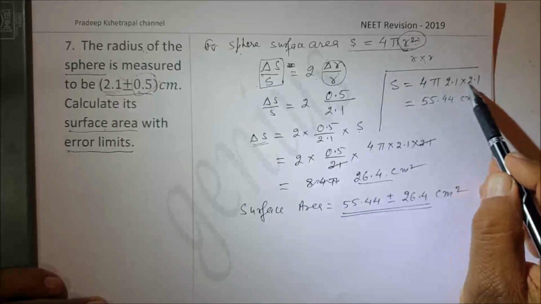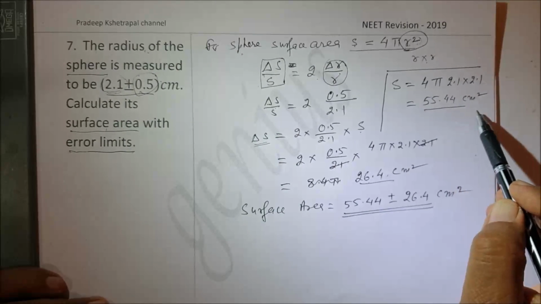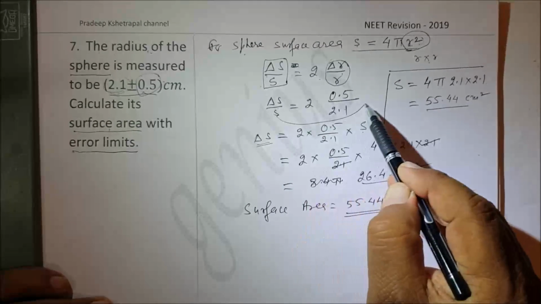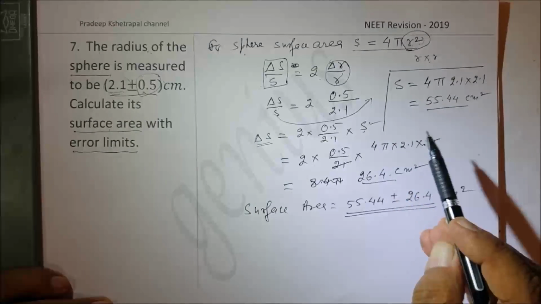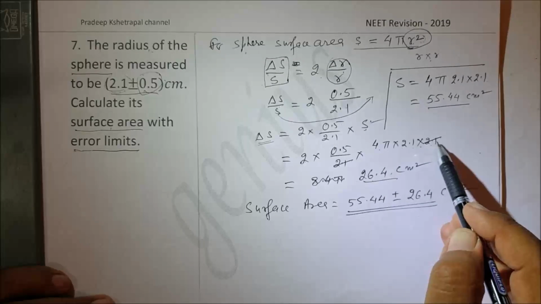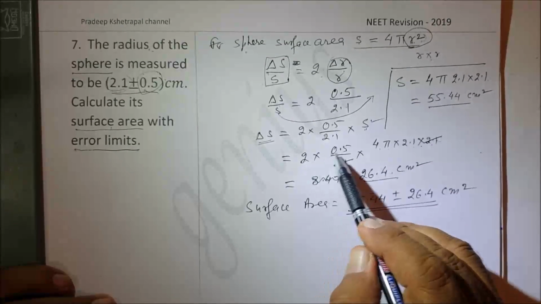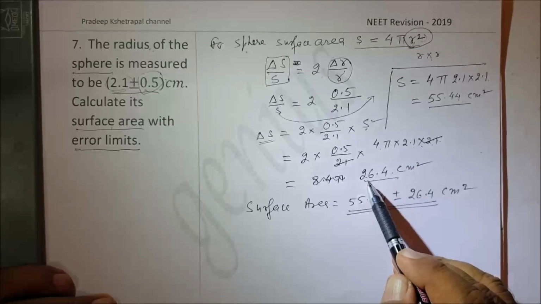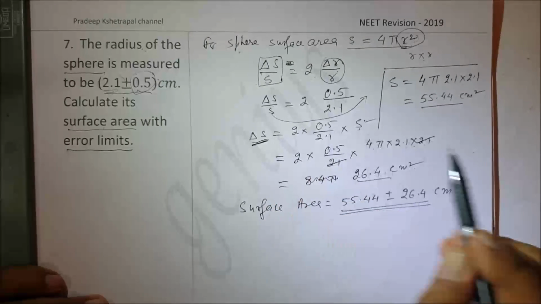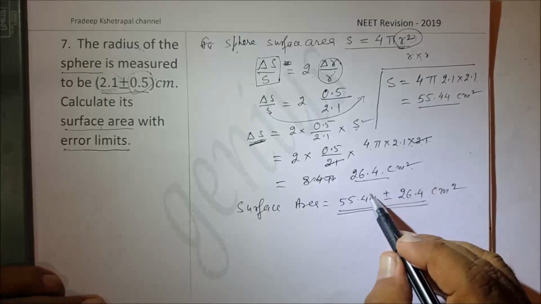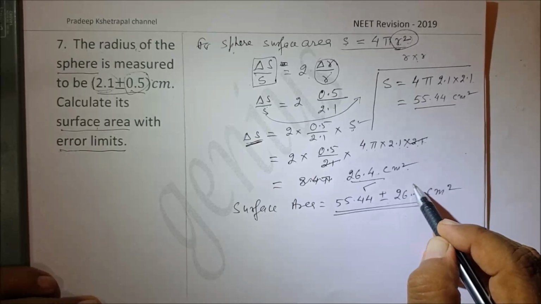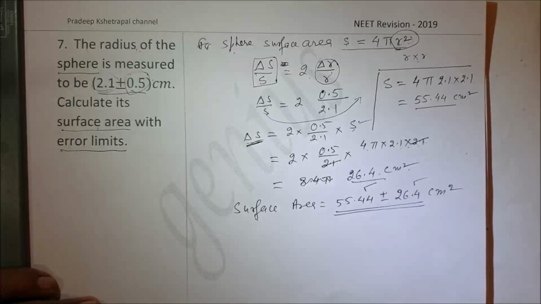So 4 pi r square comes to 55.44. That is the value of S. This S goes here. Now we calculate it. S is 4 pi, 2.1, 2.1, and one 2.1 is cancelled. This has become 1, 4 pi, and this 26.4. This is the mean absolute error. So when we write the result, this is the calculated surface area plus minus the error which is calculated. So this is how we get the answer.